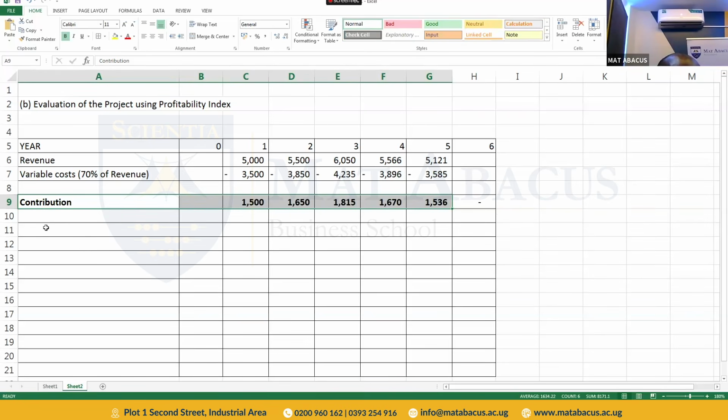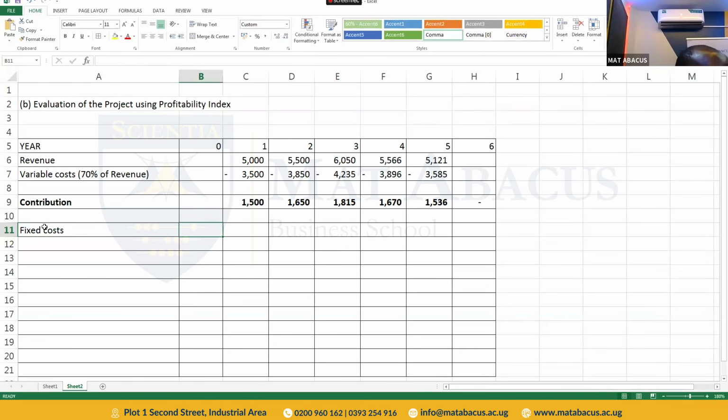Then you can bring the fixed costs. These fixed costs, we worked them out. We had a negative 300, negative 324. We also had 350. We had minus 402, minus 463.